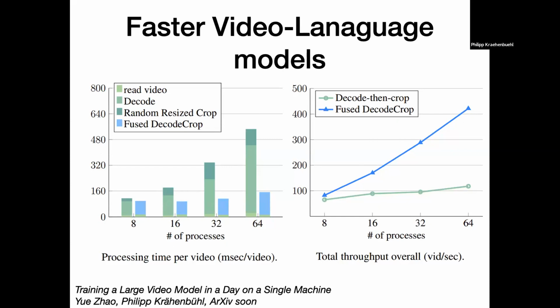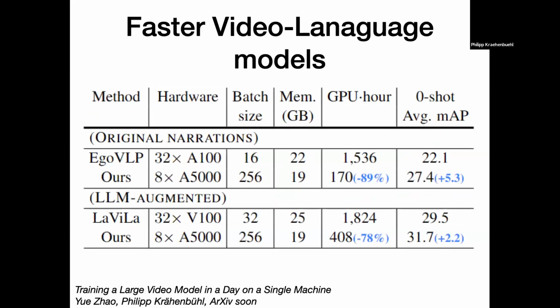And so what this means is that we can now train these gigantic video language models, instead of using 32 or 64 A100s or V100s, on 8 A5000s. A5000s have less memory, and they're much worse in terms of compute than the A100s, but we can do this in a lot fewer GPU hours.